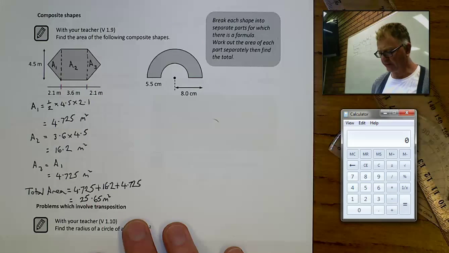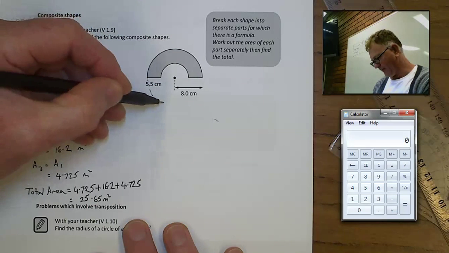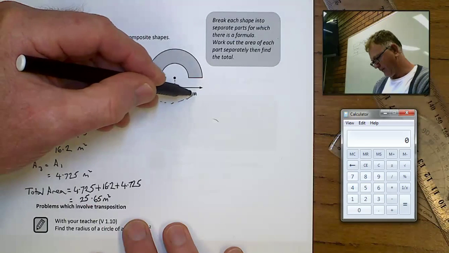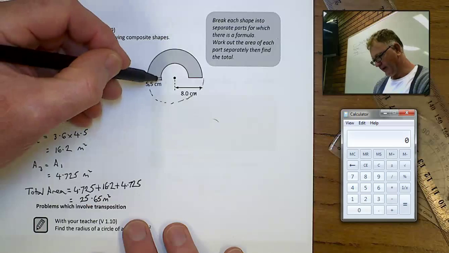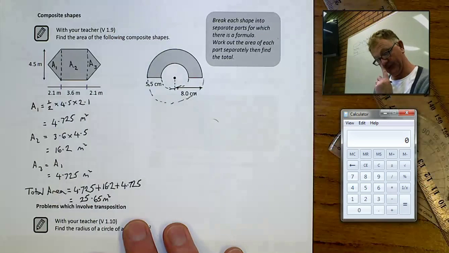Now the next shape is a little bit different, and there are several ways of going about it. One way I'd like to think about this is this. Can you imagine if this was a full circle with another full circle here which is taken out from it?